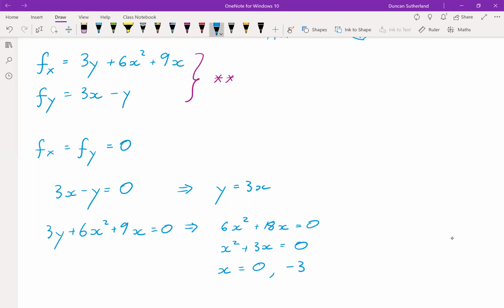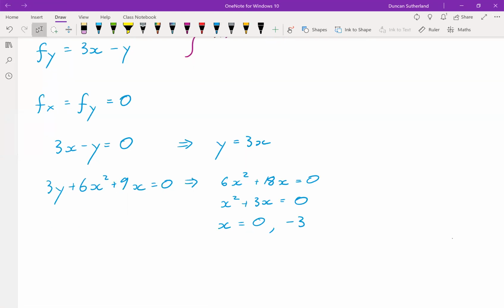They give rise to values of y by back substitution. So this allows us to identify, we can sort of see where our critical points are going to be in the xy plane. And the origin. Okay.